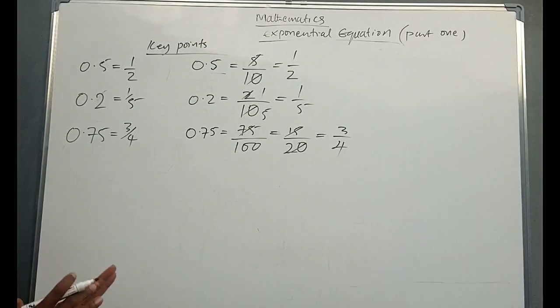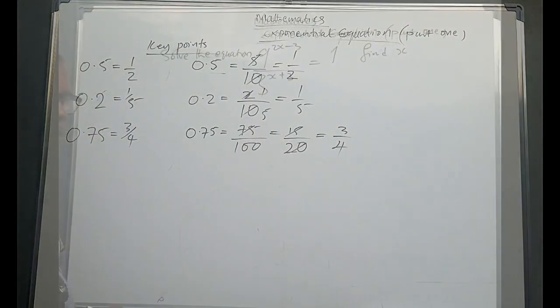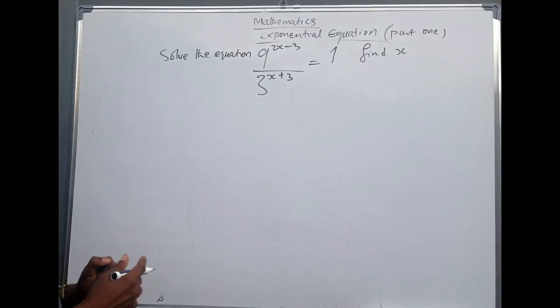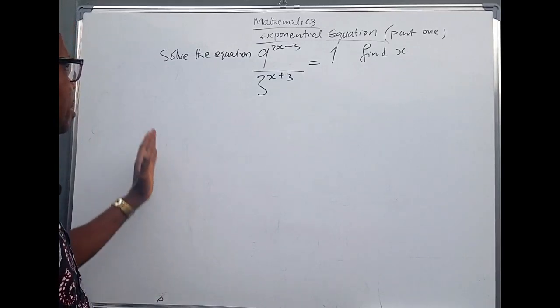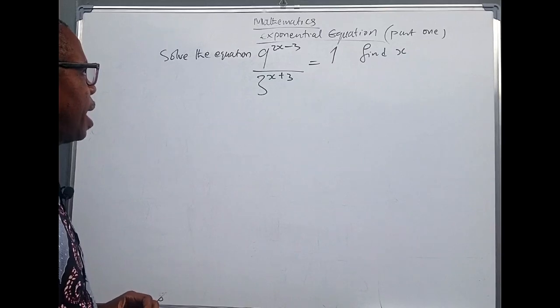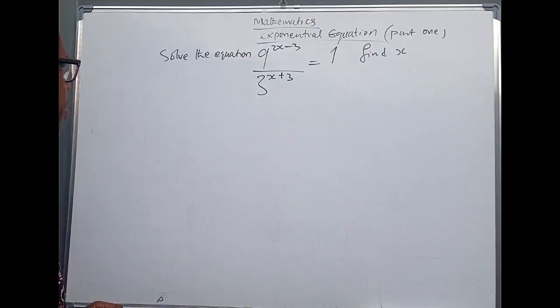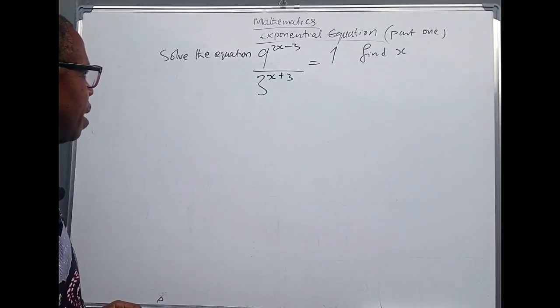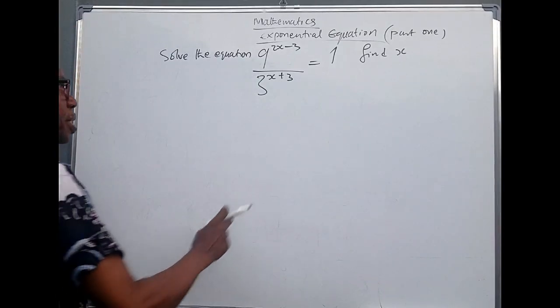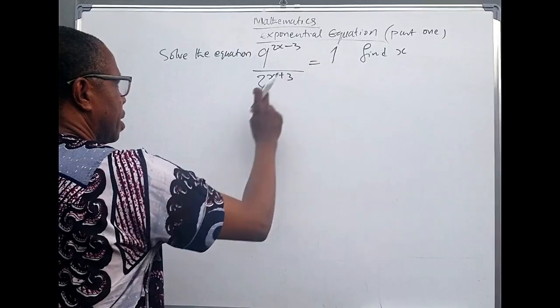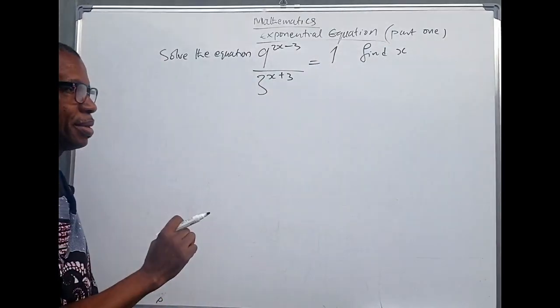So like I said, I'm trying to lay the foundation before we jump into exponential equations. Okay, we are now moving into this kind of equation on a higher level. We move gradually so that learners can pick it up. Look at this equation. Solve the equation 9 raised to the power 2x minus 3 over 3 raised to the power x plus 3 equal to 1. Now, like I told you, this 1 here simply means 3 raised to the power 0.